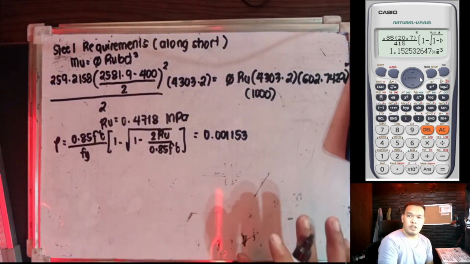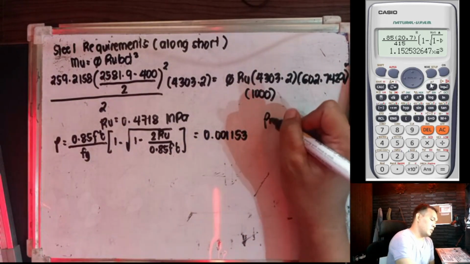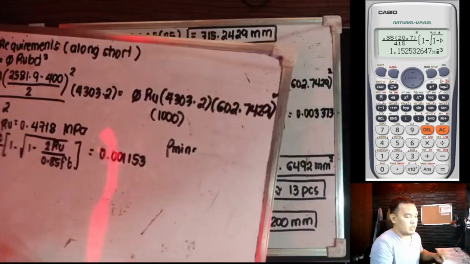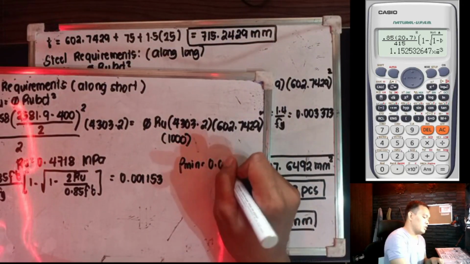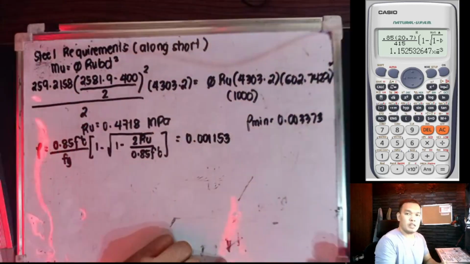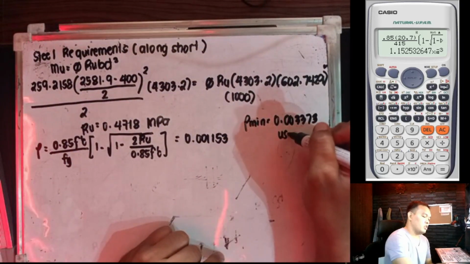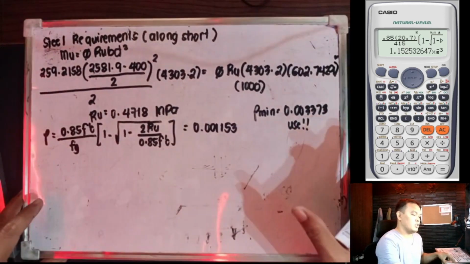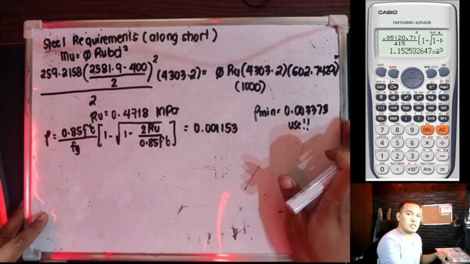Then check for rho minimum. Si rho minimum natin is computed na siya kanina as equivalent kay 0.003373. Okay, so gagamitin natin is yung rho minimum. Kasi nga mas maliit ito. Ay sobrang liit nito kumpara dito, no?